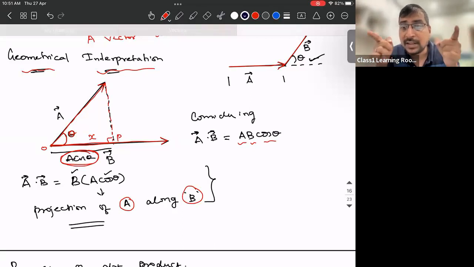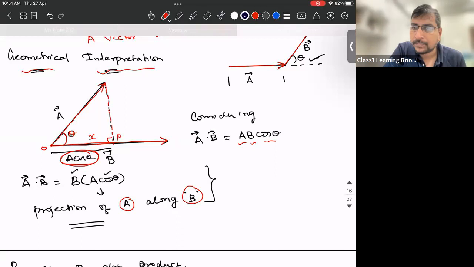That is called the projection of A vector along B vector. This word projection is used very little in physics, but you learn about this in more detail in your 12th standard. Are you able to see what I'm trying to say? It's actually a very simple concept.